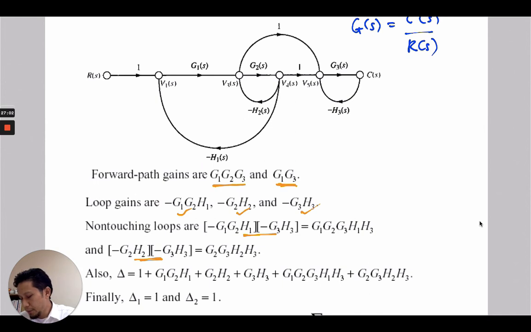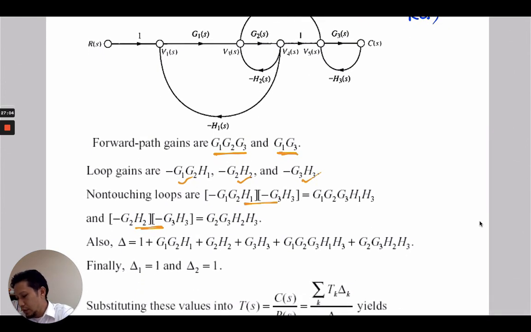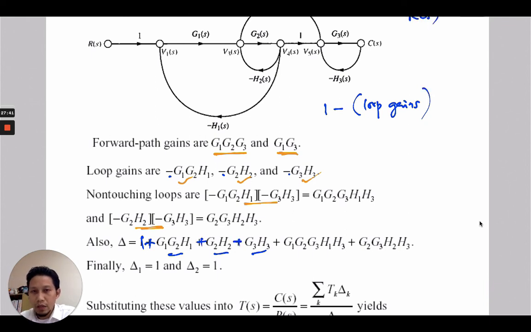We now have our delta, which is 1 minus loop gains. We have three loop gains: G1 G2 H1, G2 H2, and G3 H3. Actually we have negative, negative, negative here, but since we have 1 minus loop gains, minus multiplied by minus gives positive for all three.